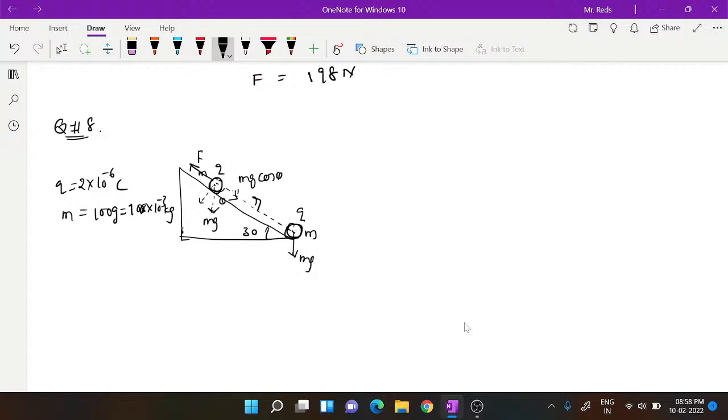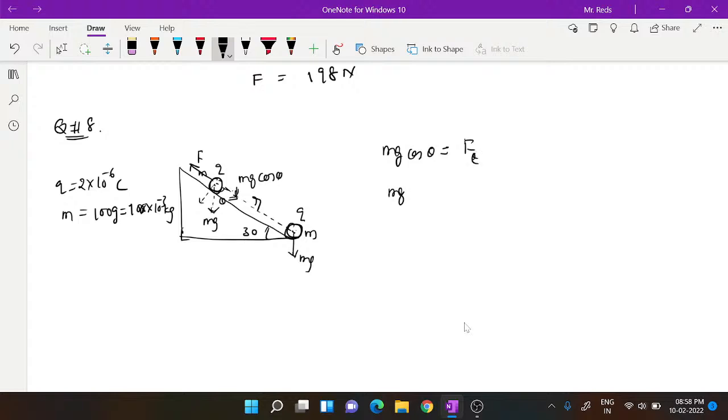If this is the only force, it may move up, but because of this force mg cos theta it is pulled down, and when these two are equal, the net force will be equal to 0. It is in equilibrium, which means the force on any particle of the system will be equal to 0. So let us say on this it is equal to 0. That means mg cos theta will be equal to the electrostatic force F.